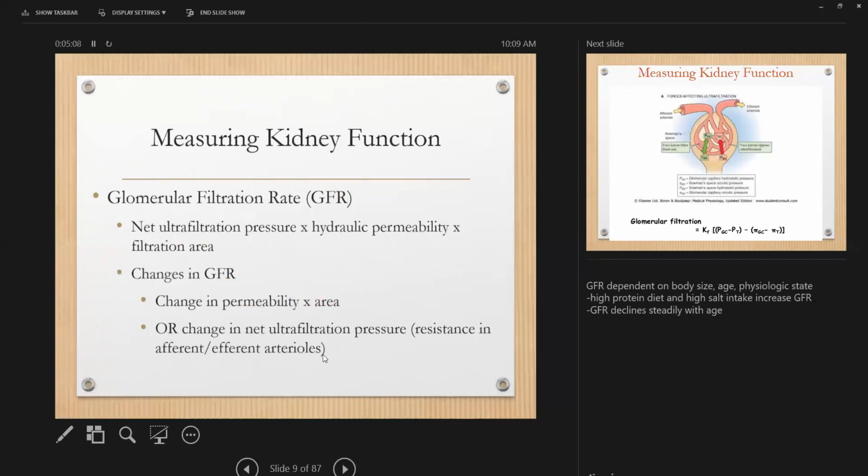So high protein diets and high salt intake diets can actually increase a GFR. And age is the one thing that we know causes GFR to decrease. So as a person chronologically increases in age, it is expected to see changes in the GFR and it to become less effective.